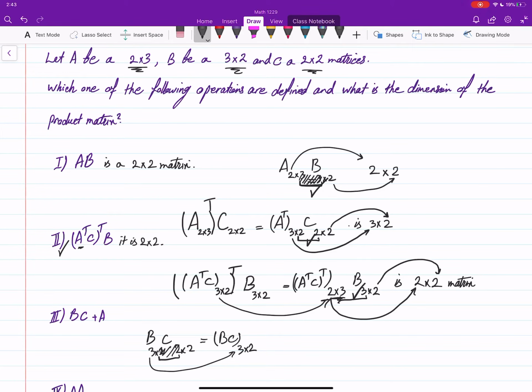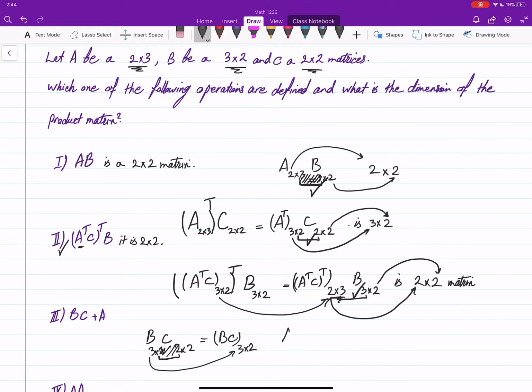So the product part is defined, but A is a 2 by 3 matrix. We want to add these two. You can add two matrices only if they have the same number of rows and the same number of columns, but these two don't. So the product was defined, but the sum is not defined. So the whole expression is not defined.